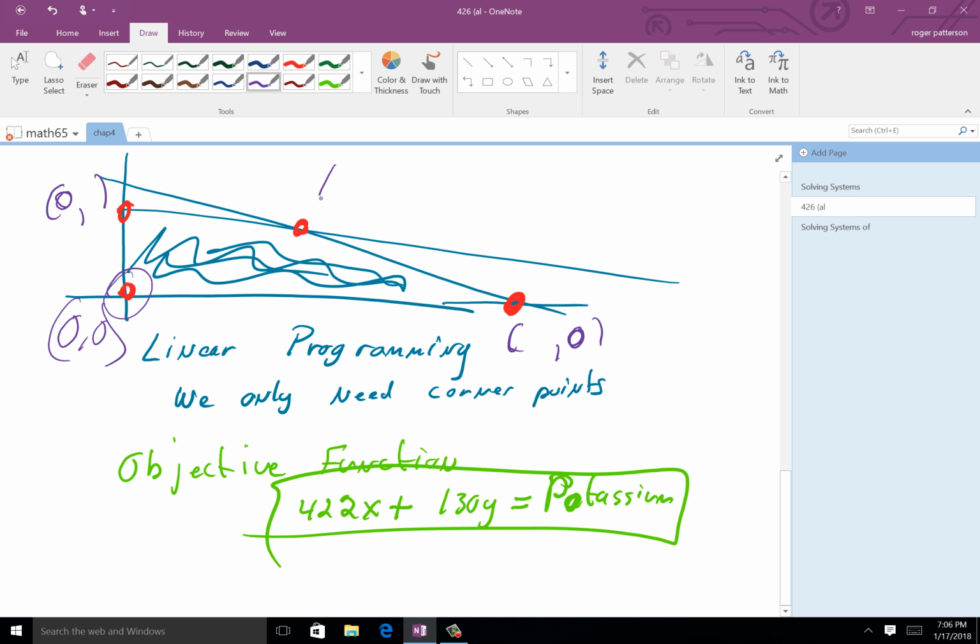And this point is the important point because you can find that point three ways. What's one of the ways we can find that point? We learned them. Substitution, addition or elimination, and graphing. So you get to pick which way you want to do it. I know which way I do it.